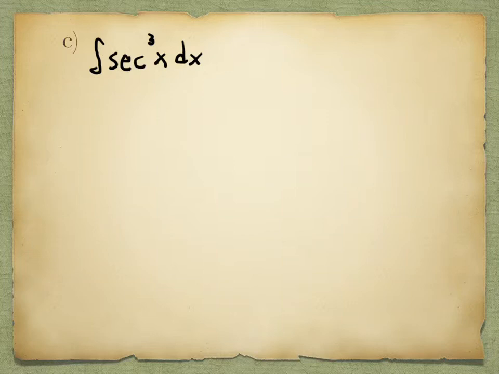That's the only thing that's present. But my power of secant is odd. So it told me I'm supposed to use integration by parts, u dv, and I'm supposed to let dv be secant squared. I think that's what it said, right?